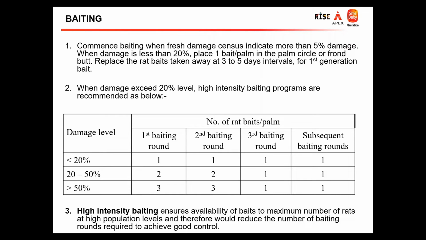Okay. If your sensors are all in the region of more than 50% of your field, more than 5% damage, but all are below 20% fresh damage, so you can go ahead and put one bait per palm and do your baiting, then okay. But not all the field will be 5% or 5 to 20%.